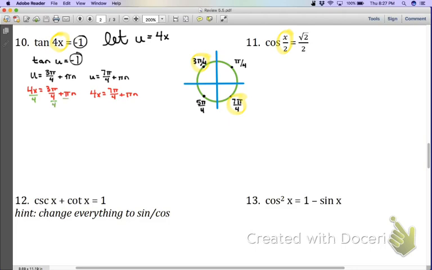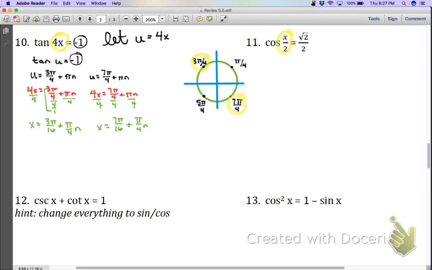So then I'm going to have x equal to 3 pi over 16 plus pi over 4 n, and then x equals 7 pi over 16 plus pi over 4 n.